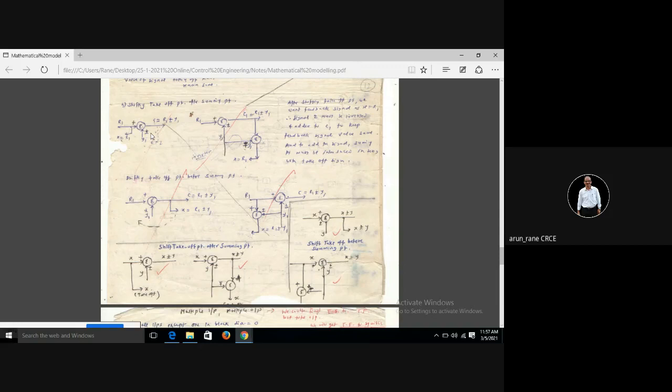So you can write there plus or minus. So R1 plus or minus y1. Here you have R1 and you have a y1 here. So takeoff point has been taken from here to here. And that is this.